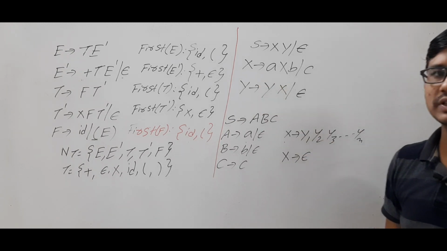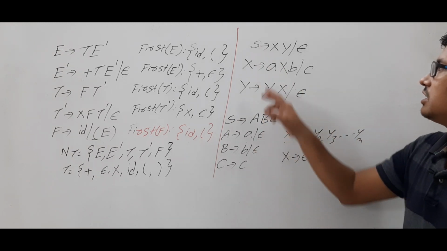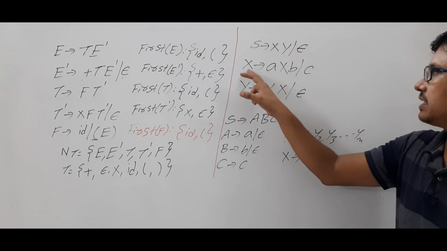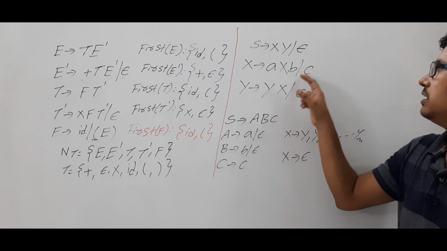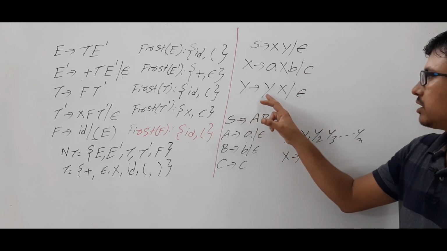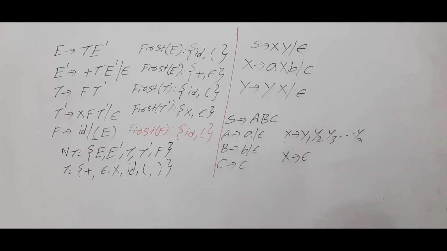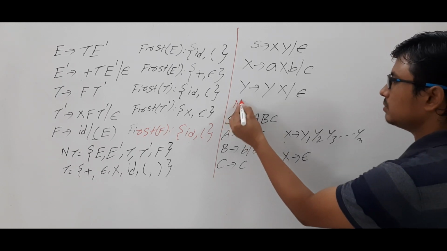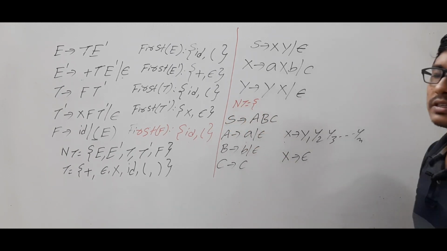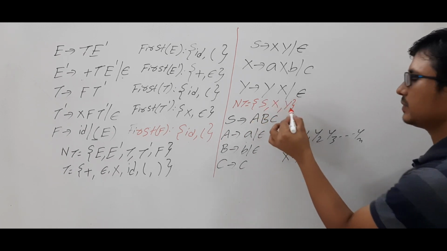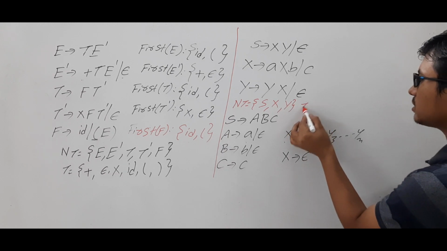Now, I will discuss another example. S determines XY or epsilon. X determines AXB or C. Y determines YX or epsilon. First we need to identify the non-terminals. The non-terminals are S, capital X and capital Y. Similarly, what are the terminals?